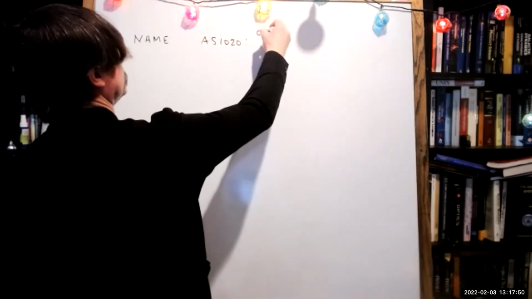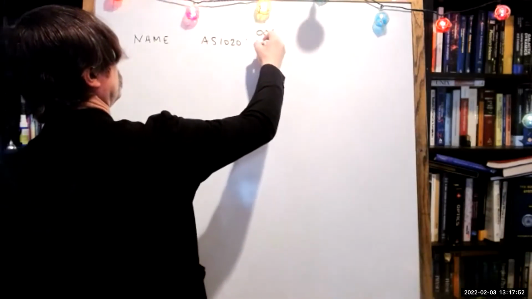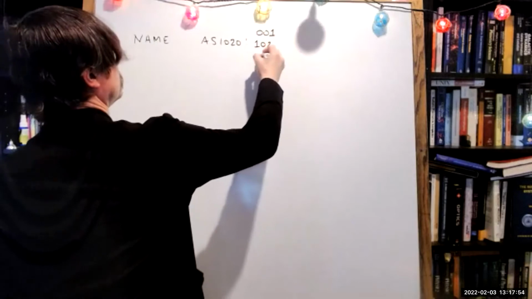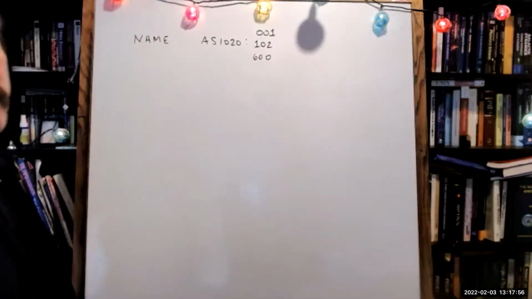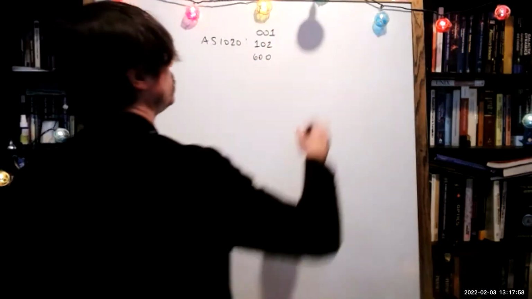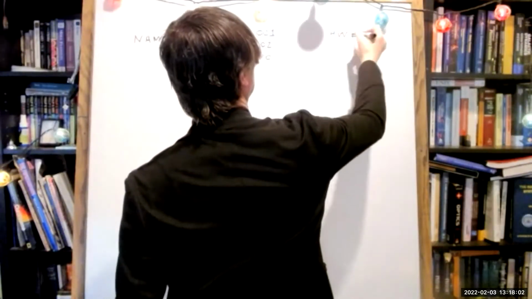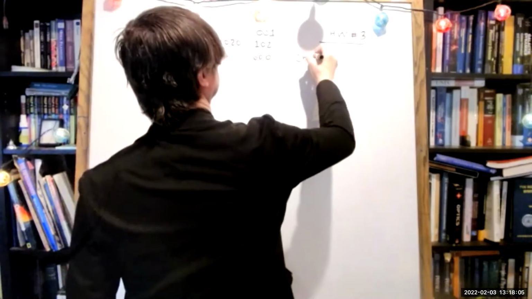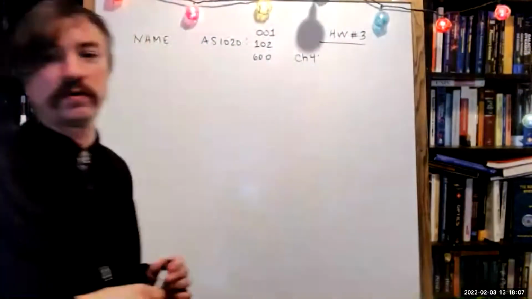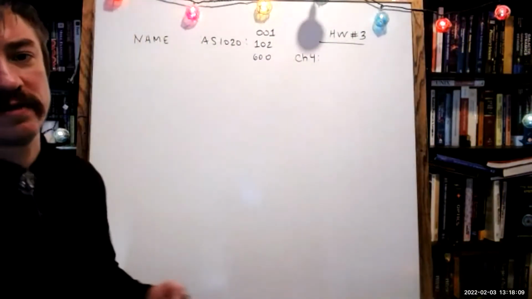Please list your section, 001, 102 for the night class, 600 for the online class. Make sure we identify this as homework number 3, chapter 4, and let's grab us some numbers.